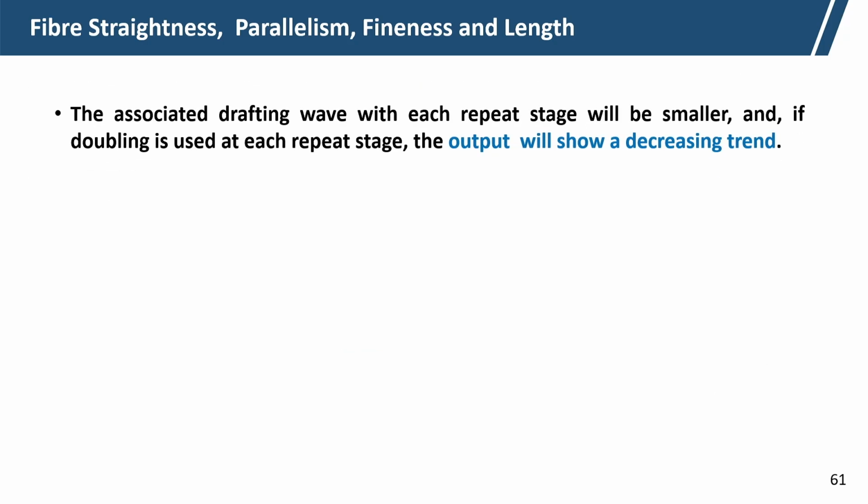The associated drafting wave with each repeated stage will be smaller, and if doubling is used in each repeated stage, output will show a decreasing trend. So, in each repeated stage, drafting wave generation will be reduced because of less and less entanglement.